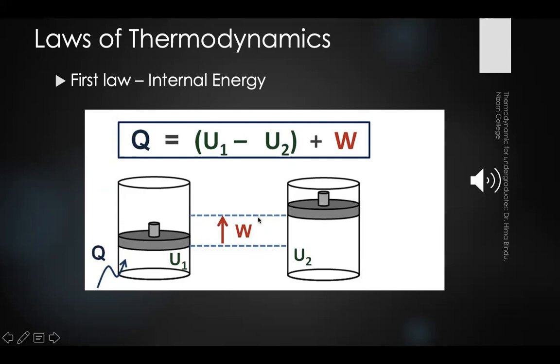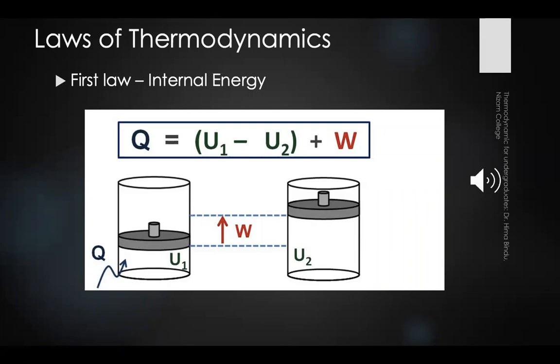Now, the first law of thermodynamics is actually the law of conservation of energy, stated in a form most useful in thermodynamics. The first law gives the relationship between heat transfer, work done, and the change in internal energy of a system. Experiments prove that delta U is equal to Q minus W, where delta U is the change in total kinetic and potential energy of all atoms and molecules in a system.